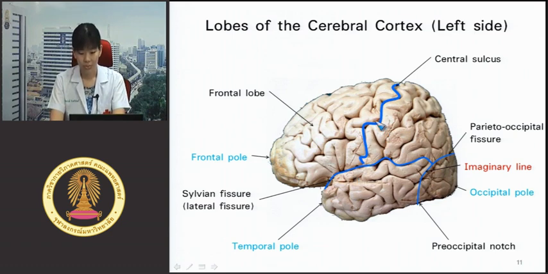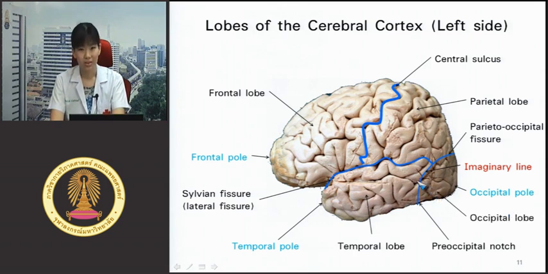The parietal lobe lies posterior to the central sulcus, superior to the sylvian fissure, and anterior to the imaginary line. The temporal lobe lies inferior to the sylvian fissure and anterior to the imaginary line. The occipital lobe lies posterior to the imaginary line.